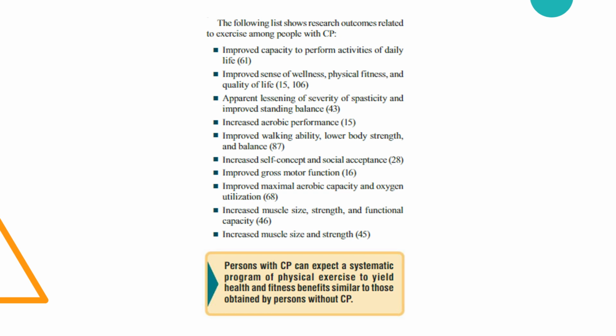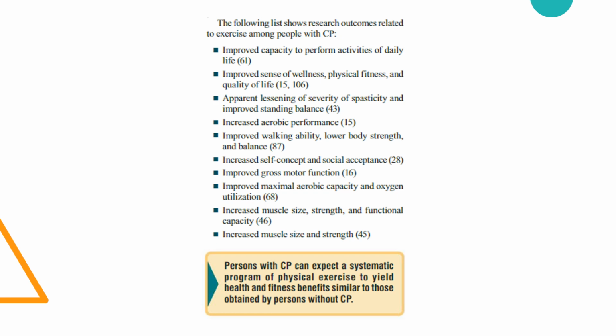This can lead to increased flexibility and improved range of motion and decreased muscle stiffness. Aerobic exercise programs have been associated with improvements in cardiovascular fitness, endurance, and overall cardiovascular health in individuals with CP. And that can contribute to better overall health and increased functional capacity.